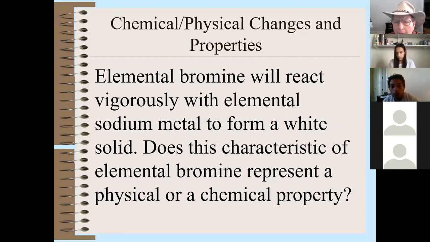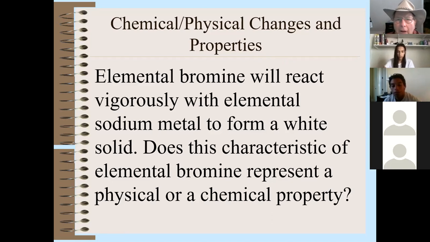On the other hand, elemental bromine will react vigorously with elemental sodium metal to form a white solid. Is this characteristic of a physical or chemical property? Let's ask the question first. The important word in this sentence is "will react." Has it occurred yet? So is it a property or a change? It's a property.